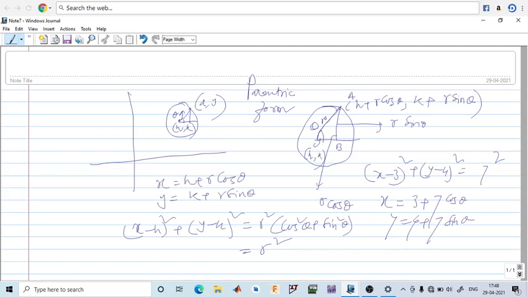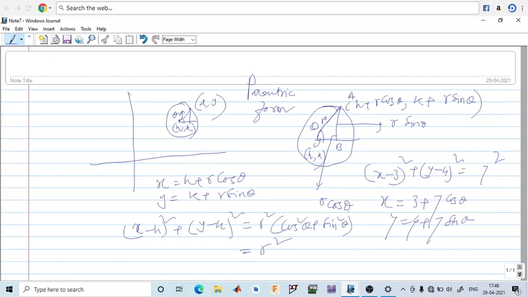Now the remaining part of today's lecture will be what will be the position of a point with respect to a circle, and if it lies outside, then what will be its minimum distance from the circle, and the maximum distance.